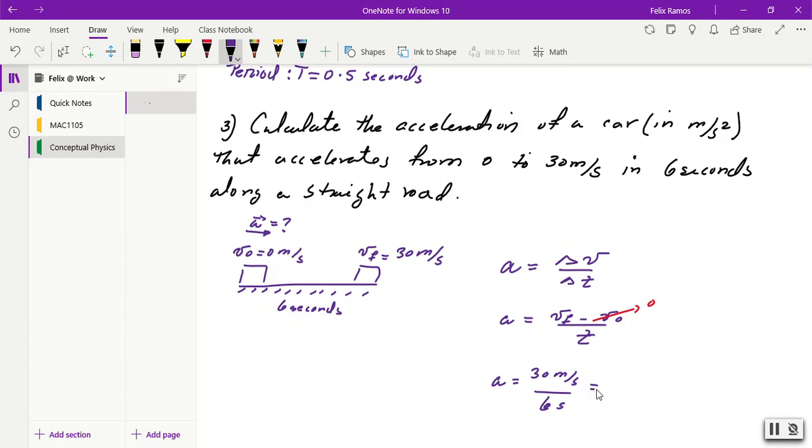Of course, 30 over 6 would be 5, and meters per second over second would be meters per second squared. So in this case, the acceleration is 5 meters per second squared.